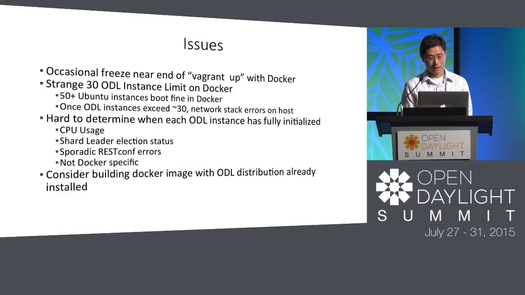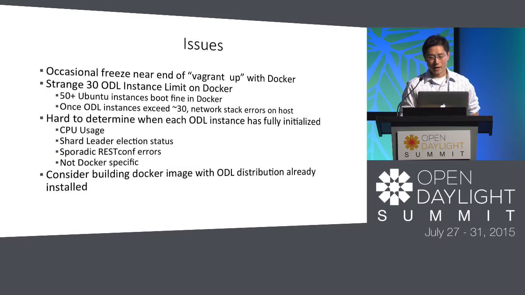And the next thing was I ran into a very strange issue on Docker once I start exceeding more than 30 ODL instances on the same host machine. So I can start up, let's say, more than 50 Ubuntu-based instances, fine. I can connect to all of them, and everything runs smoothly. Now, as I go through and start booting up ODL instances in each of the containers, as I get progressively closer to around 30 or so, I start seeing strange network errors on the host machine, like pings start breaking, like DNS resolution starts breaking.